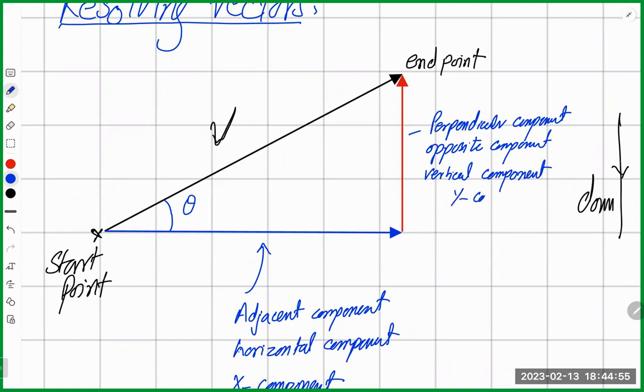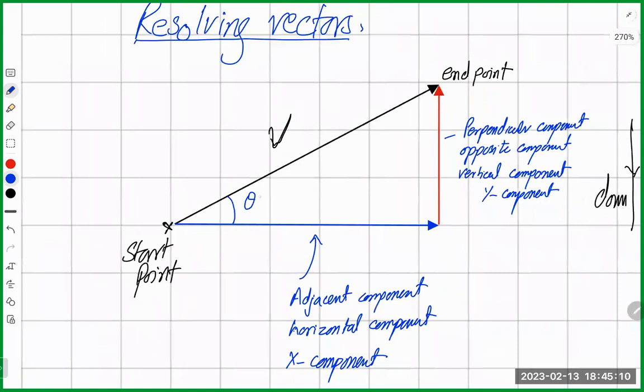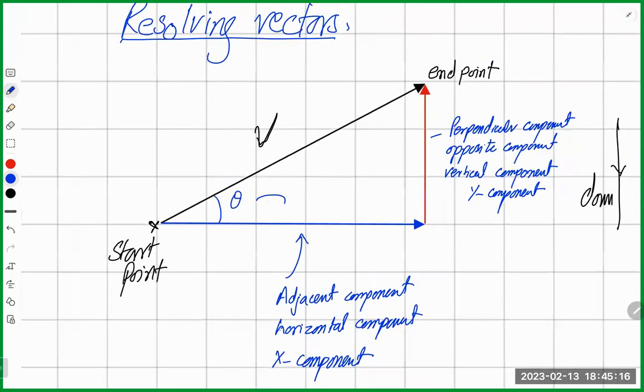So the names always depend on the angle that we are talking about. All these names are based on this angle. The side that is in front of the theta is opposite component, and the side that is connected to theta is adjacent component.